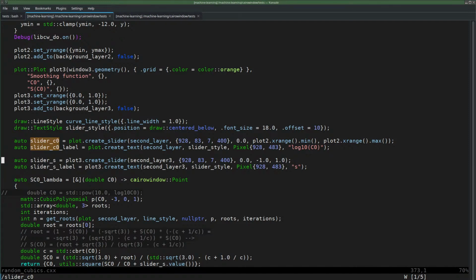Just add another slider to another plot. And I can drag this one and I cannot drag this one. What's the difference?